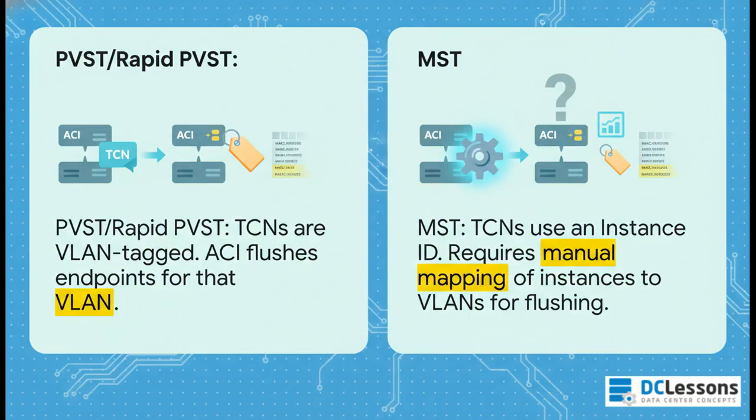ACI is smart. It actually listens for these. With regular Per VLAN Spanning Tree, the TCN has a VLAN tag. ACI sees that and goes, aha, I need to flush my MAC address table for just that VLAN. But with MST, the TCN uses an instance ID, not a VLAN tag. This means you, the engineer, have to manually tell ACI how those MST instances map to your VLANs so it knows which endpoints to clear out when things change.